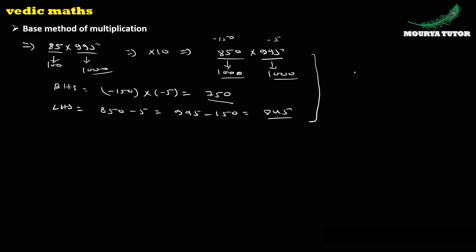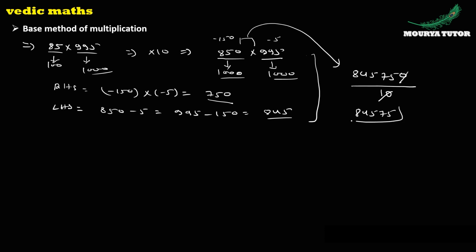So write together 845750. This is the multiplication answer of these two numbers. All right, but you need to find out the multiplication for the original two numbers. So you just need to divide with 10. All right, so this will become the multiplication answer of these two numbers.